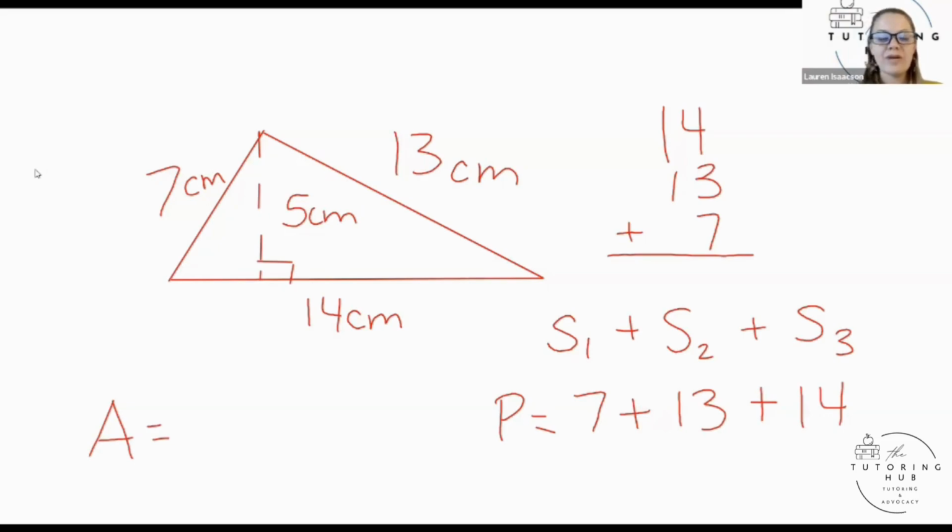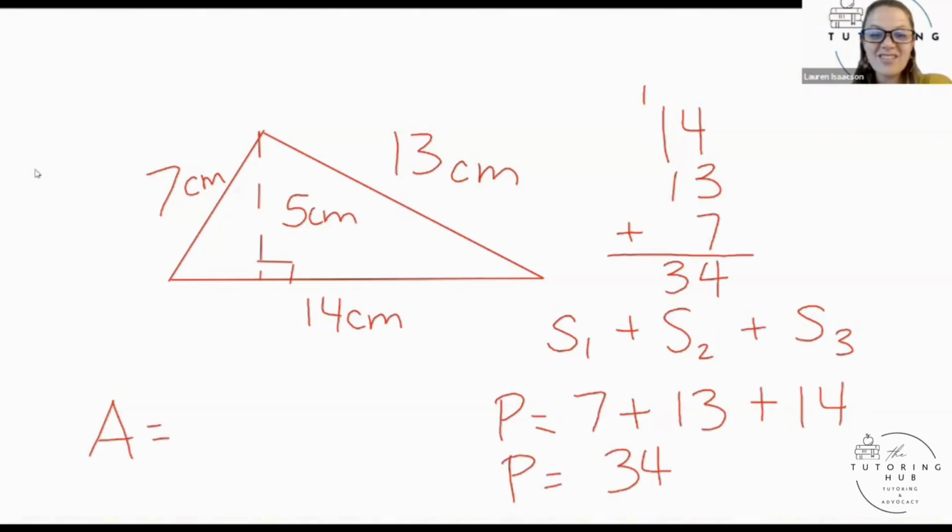I know that 3 and 7 make 10, plus 4 more is 14. I would have to carry my 1. 3 ones makes 30 in the tens space. So my perimeter would equal 34.